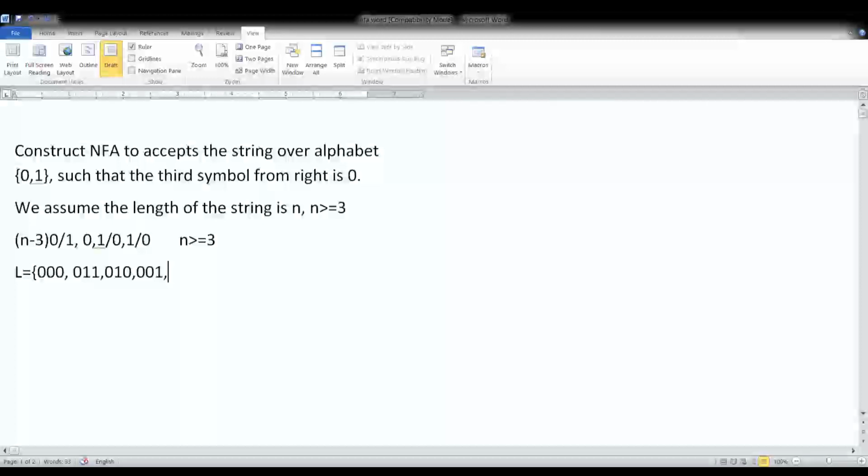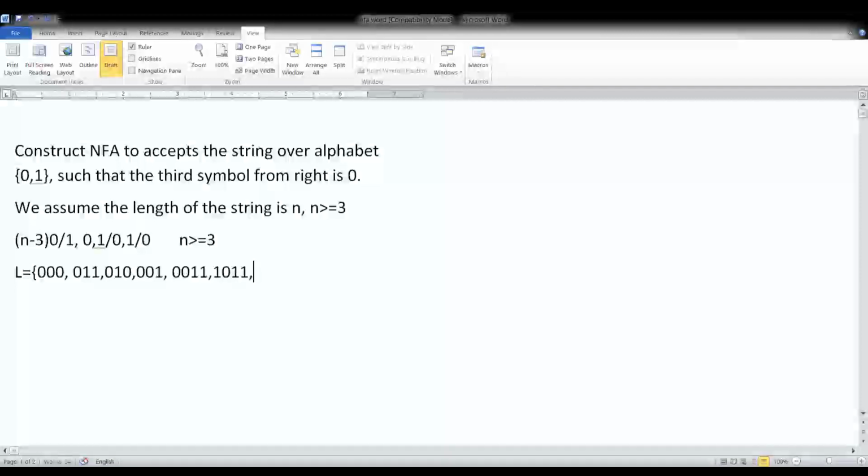Now when n is equal to 4, the first symbol can be 0 or 1, the second symbol is 0, and the next two symbols may be 1 or 0. So we can start with 0 0 1 1, where the first symbol we considered is 0. Next we consider the first symbol 1 and the second symbol 0, and the rest can be anything.